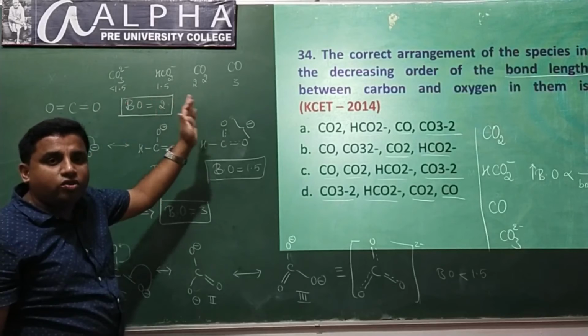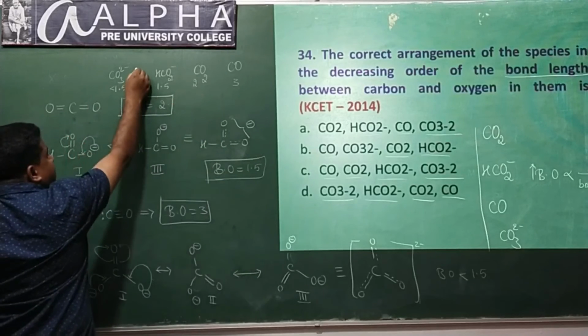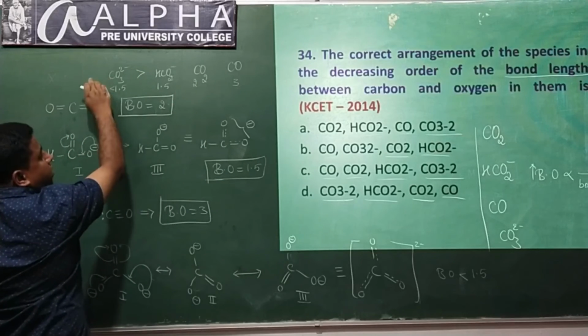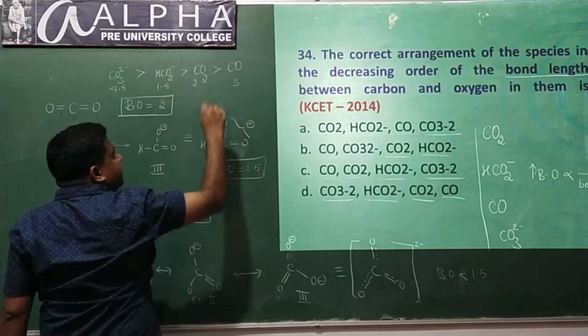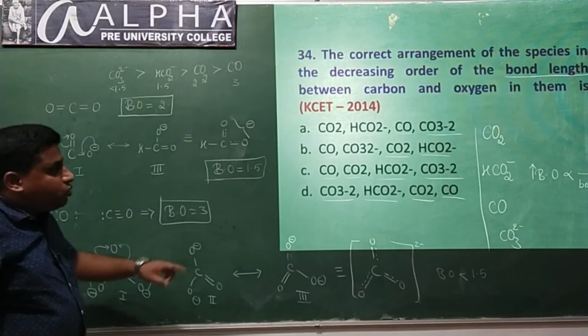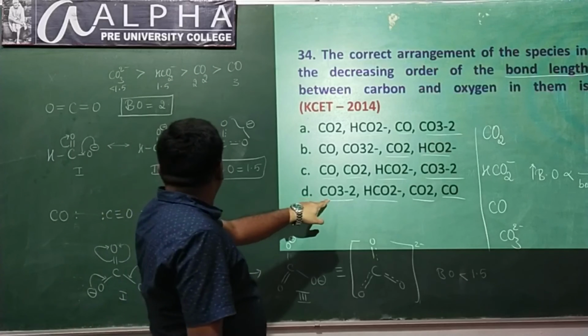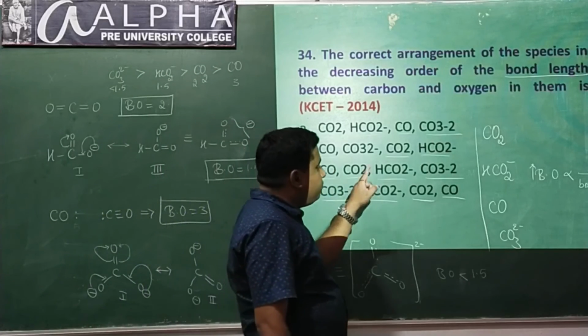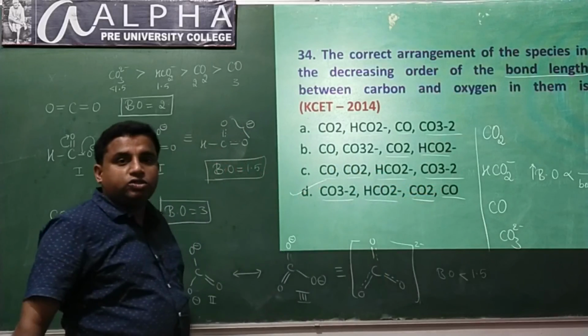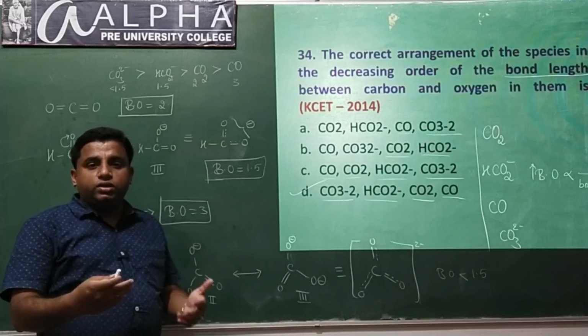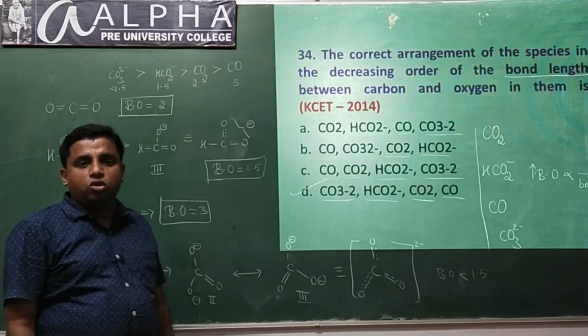So what is the order of decreasing bond length? CO3 2 minus has more bond length than HCO2 minus, then carbon dioxide, then carbon monoxide. Hence the correct answer is CO3 2 minus, then HCO2 minus, then CO2, then CO. The correct answer is option D. Students, I'll continue with this in the next video. Thank you.